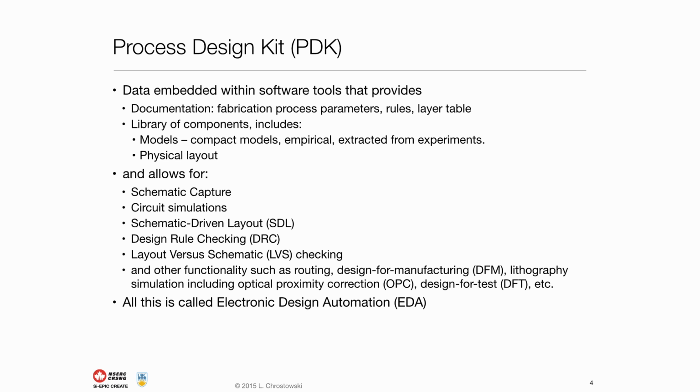With the above, the PDK allows for a design flow that consists of several key steps. We will go through the main ones in more detail later. The steps include schematic capture, circuit simulations, schematic-driven layout, or SDL, design rule checking, DRC, layout versus schematic, LVS, and other functionality such as routing, design for manufacturing, or DFM, lithography simulation, including optical proximity correction, or OPC, and design for test, DFT.